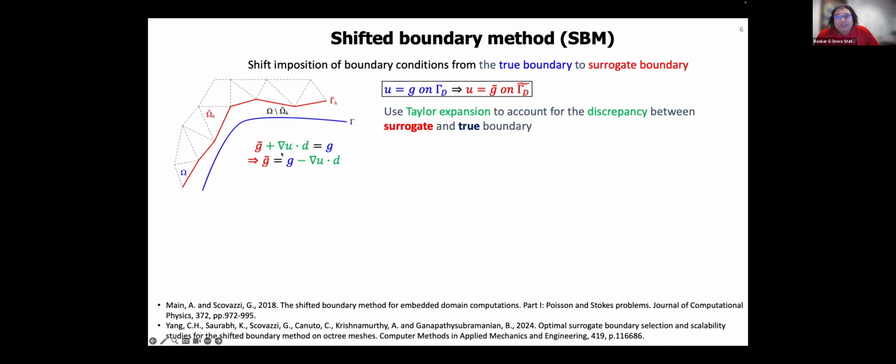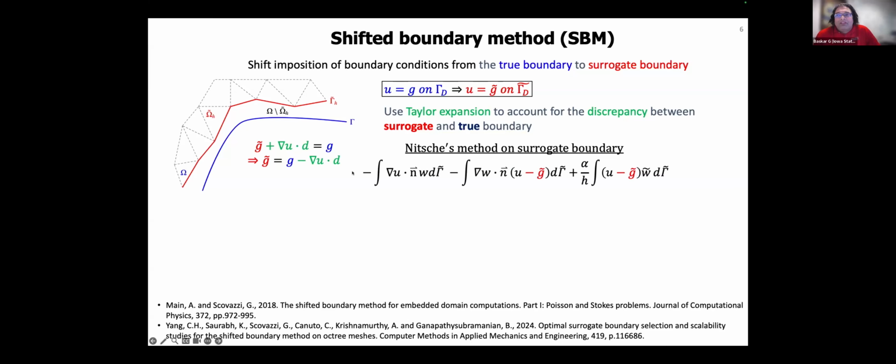I do a Taylor series expansion, and the Taylor series expansion essentially requires my solution's gradient dotted with the distance to the interface, my distance d, right? Again, remember, this is going to come back. The distance d requires me to essentially know how far I am from any given point to the surface. And remember that the implicit neural representation gives that to you for free, right? So the INR gives you that information very easily.